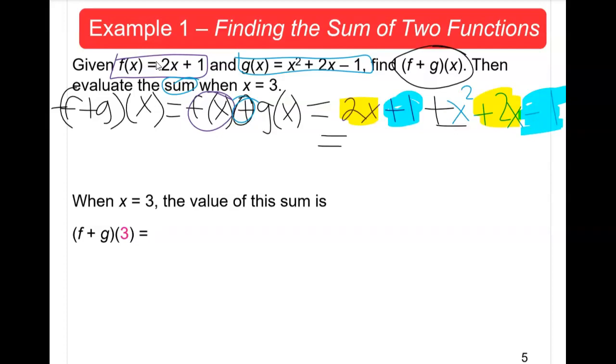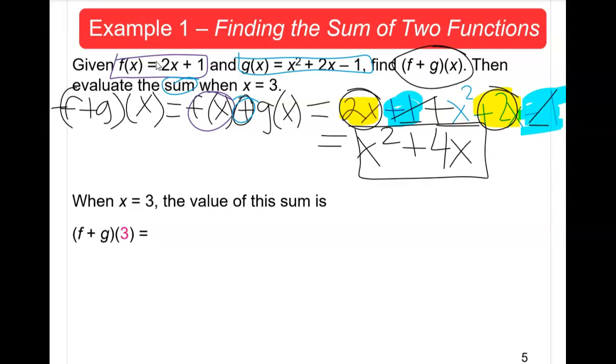So we're going to have x squared first. Then 2x plus 2x will be equal to 4x. And then plus 1 minus 1 is just equal to 0. So the final answer will be that. And that is the answer for f plus g of x.